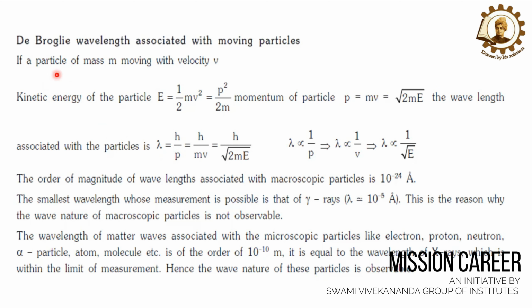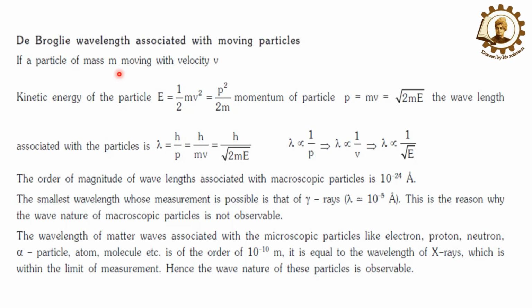So if you have a particle of mass m moving with velocity v, then the kinetic energy is given by half mv square, which we can write in terms of momentum as p square by 2m, where p is the momentum. And we also write momentum is equal to root over 2mE from this relation.